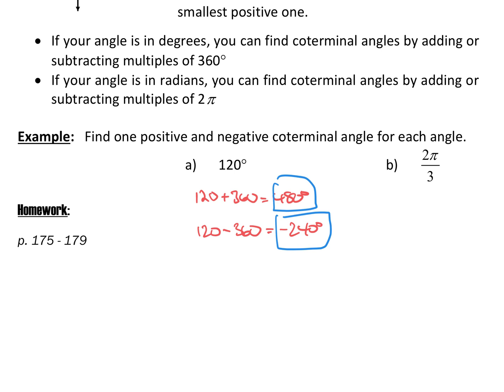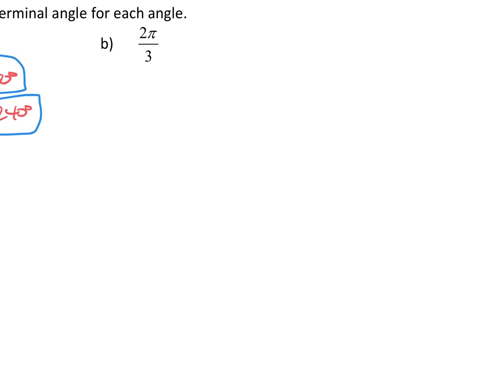The next question is a little bit more fun because now we're using radians. So, 2 pi over 3. We can add 2 pi to this. That's going to give us a coterminal angle. So 2 pi over 3 plus 2 pi. What do we got to do?